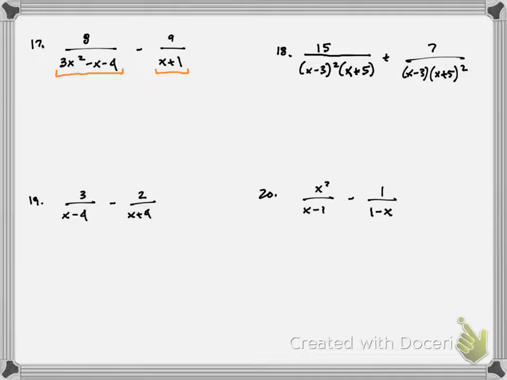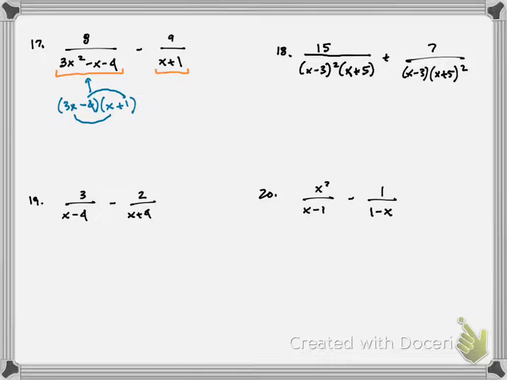Okay, so this right here factors, let's think about this for just a second. So 3x and x give me my x squared. And if I say plus 1 and minus 4, then I've got my 3x squared, I've got my minus 4.